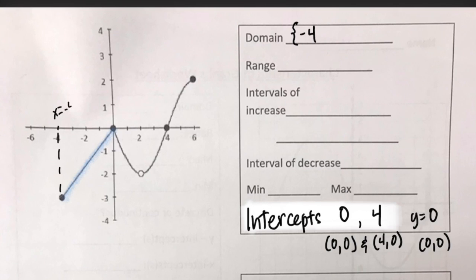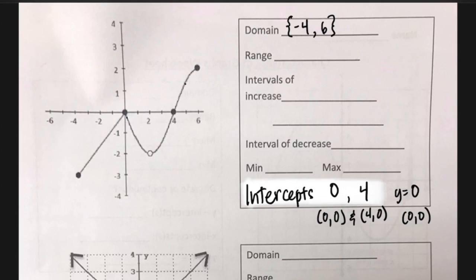When we're looking for domain or range, we're looking for a range of numbers. I know that I'm using the word range twice, but in this case, I mean two different things. So x equals -4, that's where it starts, and then as I follow the graph, it stops at x equals 6. So my domain is going to be from -4 all the way to 6.